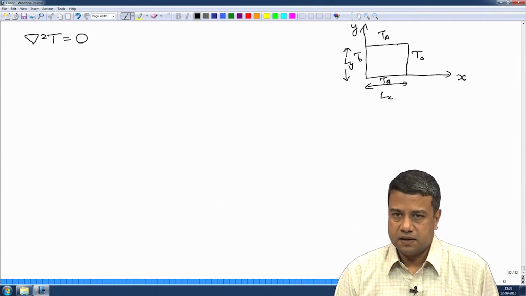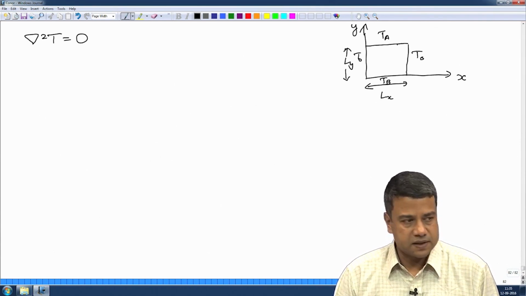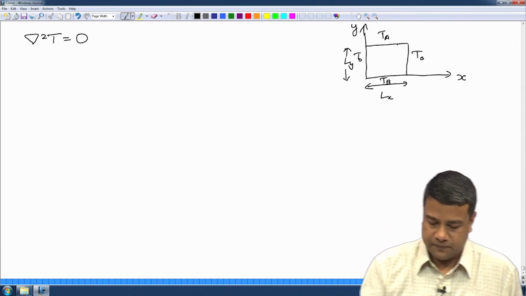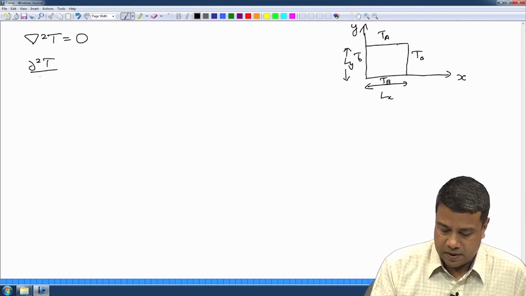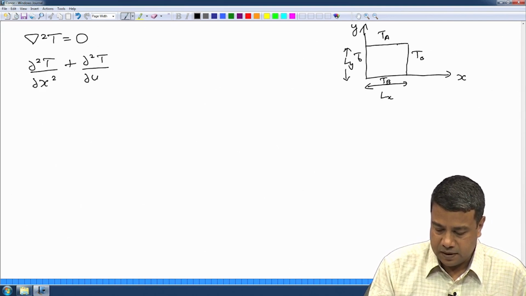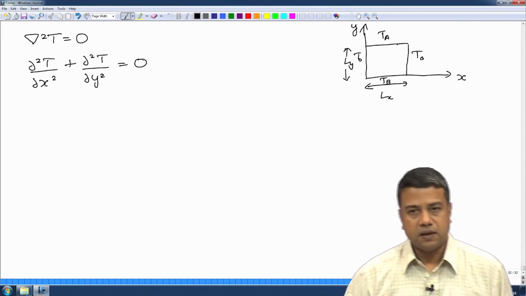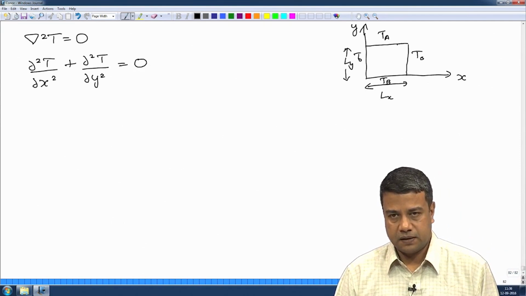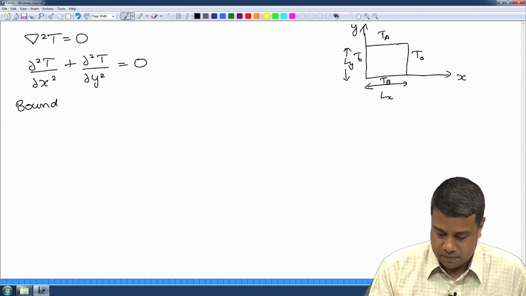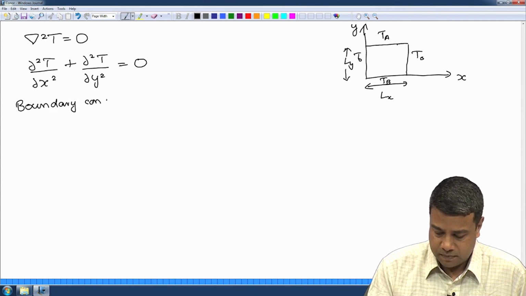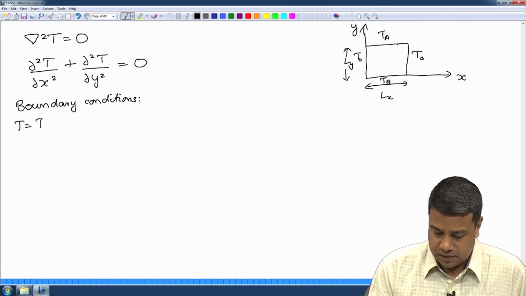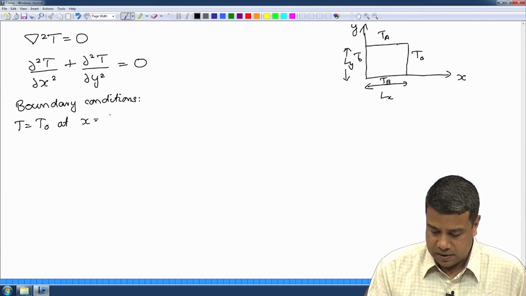In this particular case, I will first consider the system to be at steady state. Therefore, there are variations only in the x and the y directions. Okay. Partial square T by partial x square plus partial square T by partial y square. This is equal to 0 is the conservation equation. Okay. And the boundary conditions: T equals T naught at x equals 0.